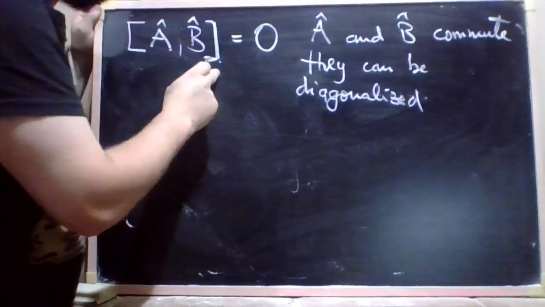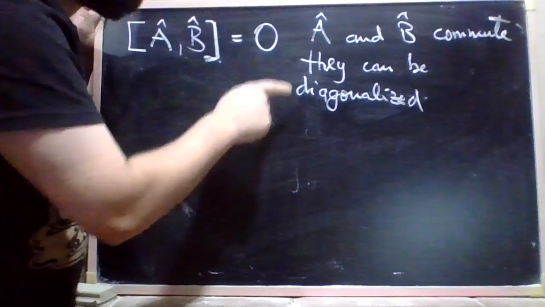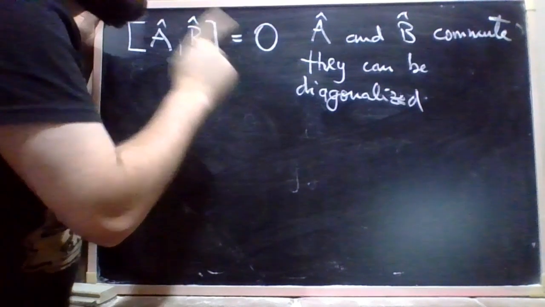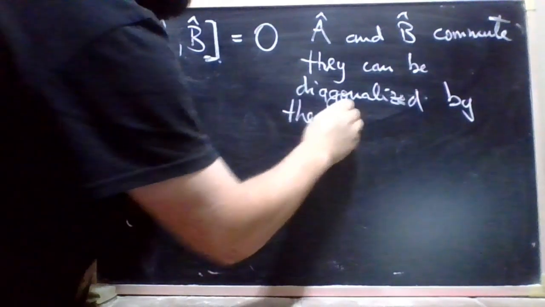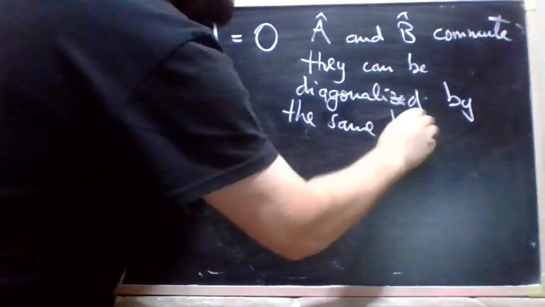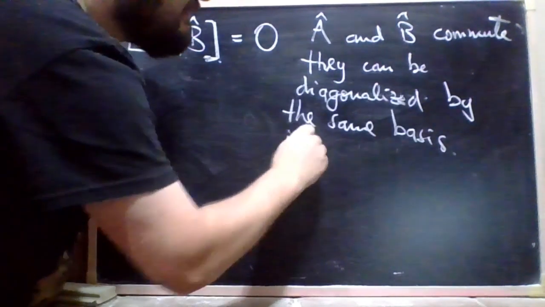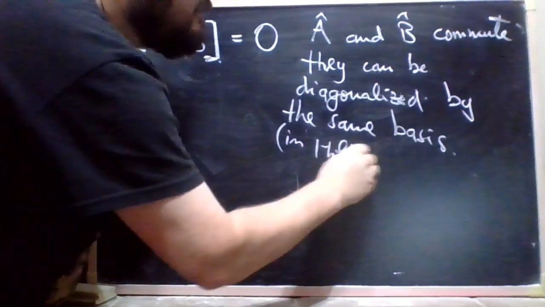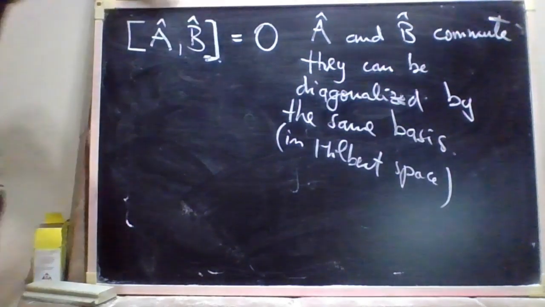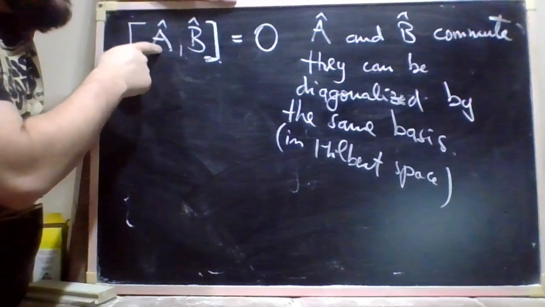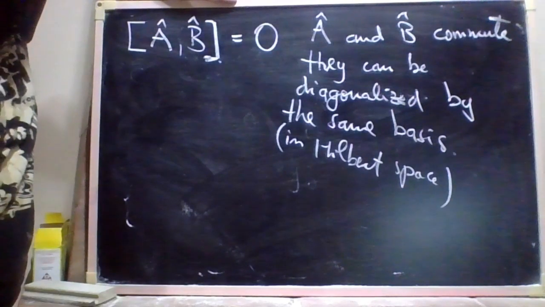If two operators commute, they are represented by matrices which can be diagonalized by the same basis. In Hilbert space, we are talking about quantum mechanics here, the basis which puts A in diagonal form puts B in diagonal form, right? This is very important.